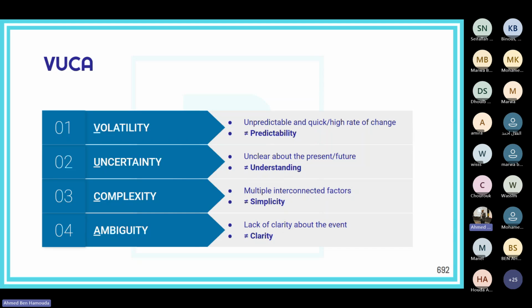Ambiguity is having a lack of clarity about an event. Something ambiguous is unclear. The opposite of ambiguity is clarity. So these are basic terminologies in risk management, and each terminology is used to describe a particular situation.